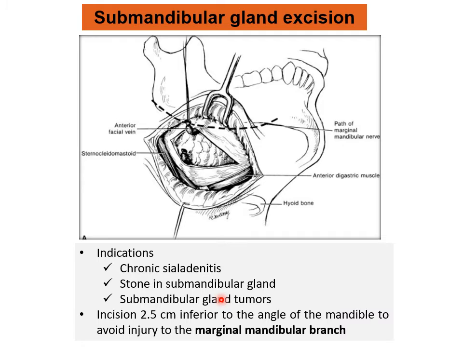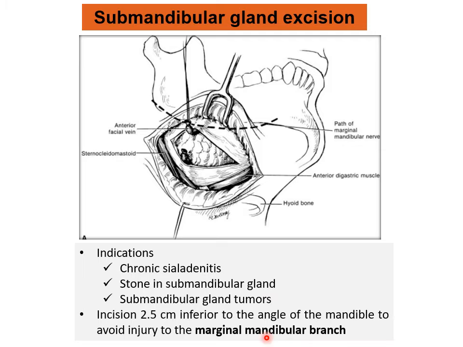When you do the procedure, the incision in the submandibular region should be given 2.5 centimeters inferior to the angle of the mandible. You know, this is the angle of the mandible. The incision should be given approximately 2.5 centimeters below it in order to preserve an important nerve which runs very close to the base of the mandible.